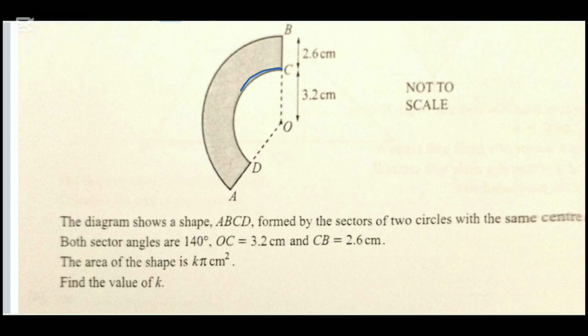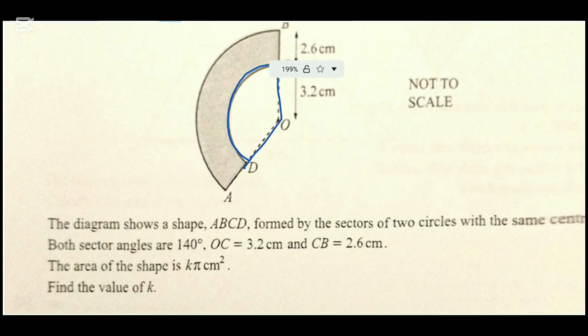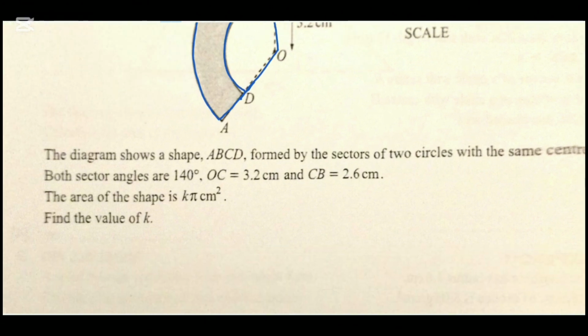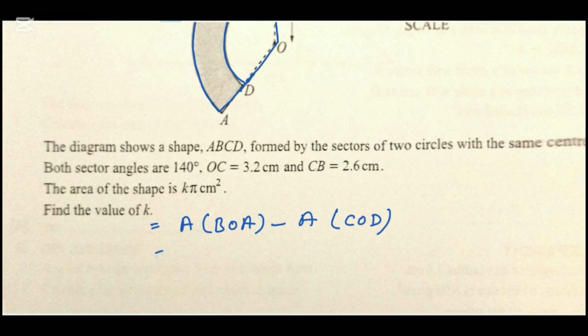By subtracting this sector from the bigger one. So by subtracting this small sector from the bigger sector, you will get this part. So that is the way you have to find the value of k. So let's start. Area of BOA minus area of COD. This is the way how you will solve it.